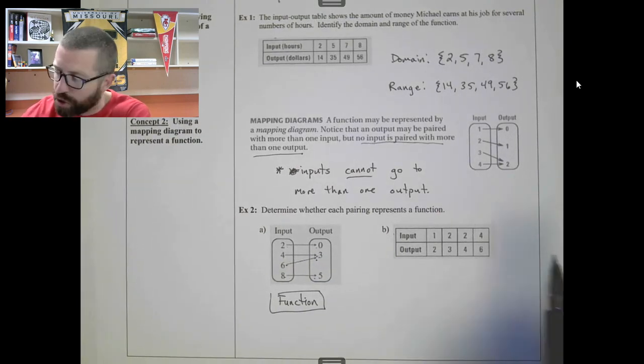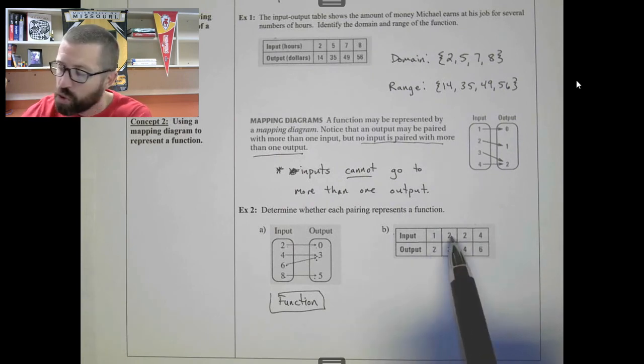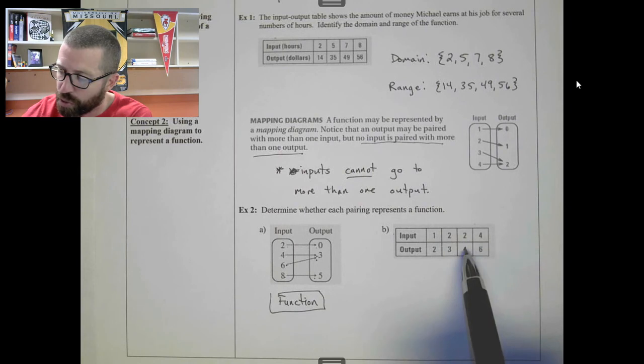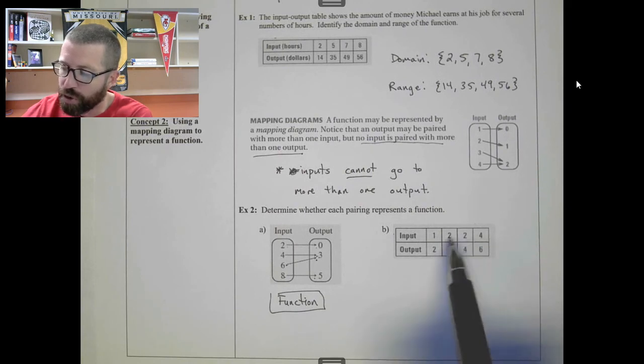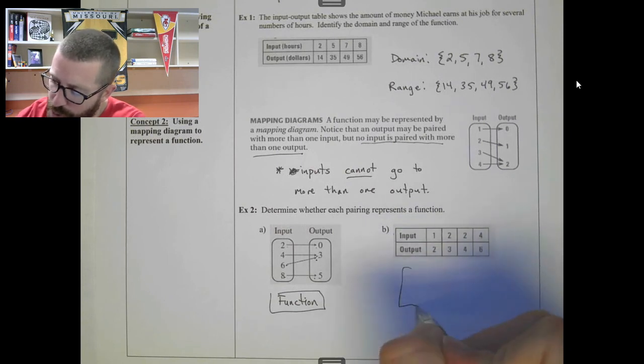Okay, now let's look at B. If I put in 1, I get 2. If I put in 2, I get 3. If I put in 2, I get 4. So here's where these inputs repeat. We can map this out this way also. 1, 2, 4, those are the inputs, and then 2, 3, 4, 5.